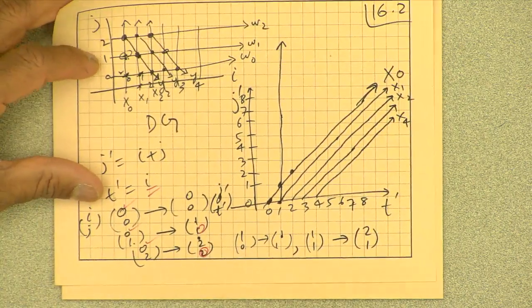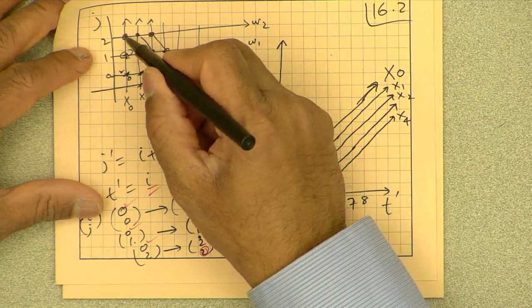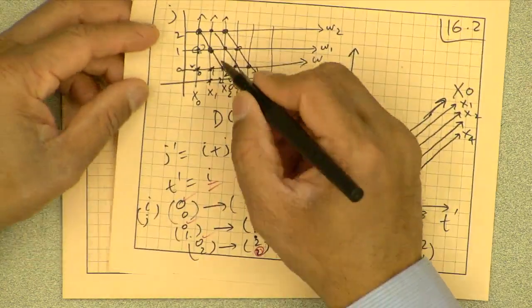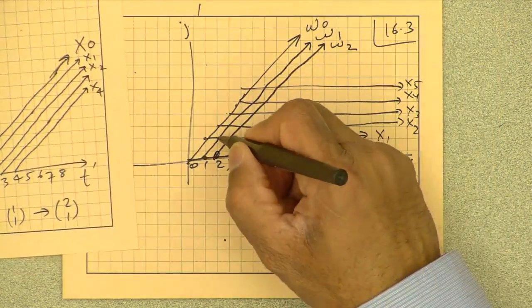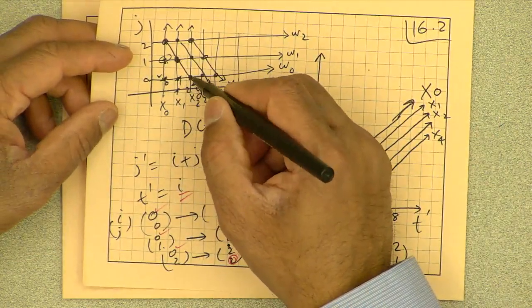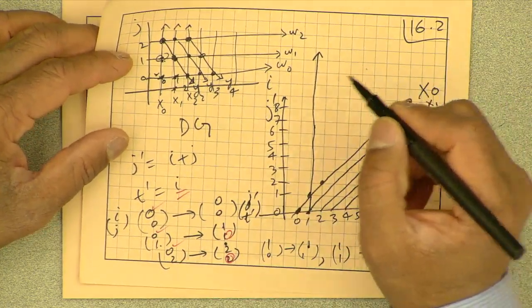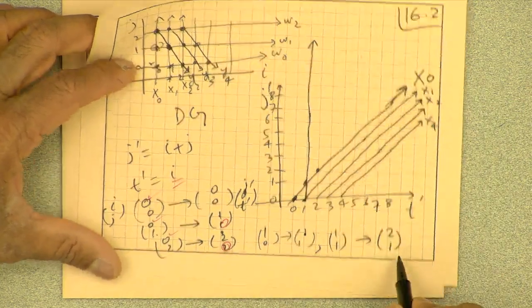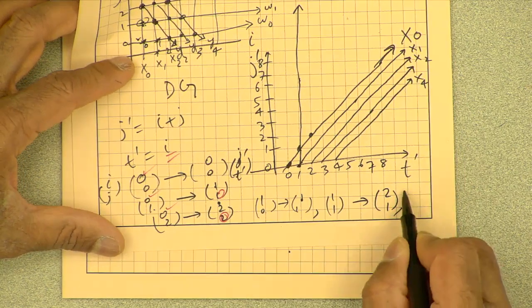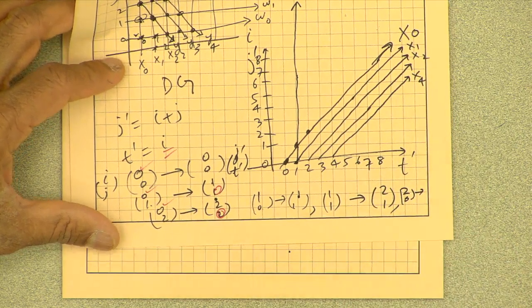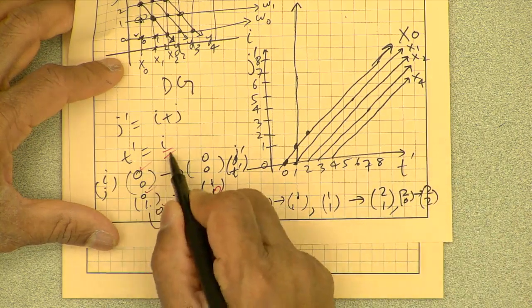What about the output y? The output goes like this. We start with 0, 2, which is 2, 0, and 1, 1, which is 2, 1, and 2, 0 will be... no, something is wrong. 2, 0 is 2, 2. t prime is i.